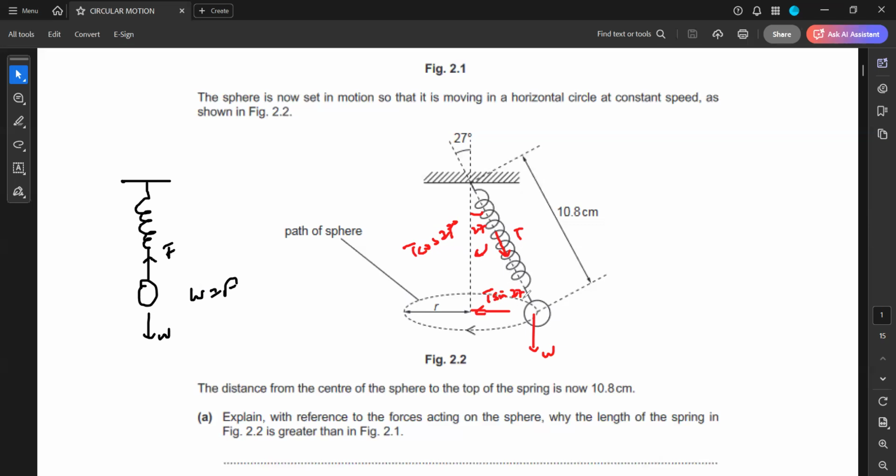Now, what will be the effect of these two components? There is also a downward component of the tension. Weight is already there, and there's another downward component, so the overall downward force will increase. The object is moving in a circular path, and there's a force directed towards the center.